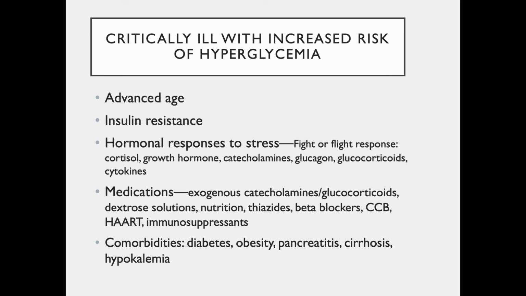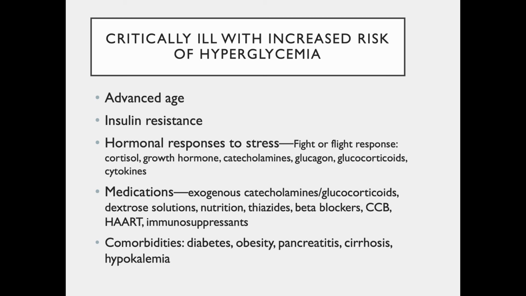So the patients who are particularly at risk for hyperglycemia are those with advanced age. Also patients with insulin resistance, which is the major problem that we see in type 2 diabetes, right? Type 1 diabetes is a problem with insulin production because the beta cells don't work.